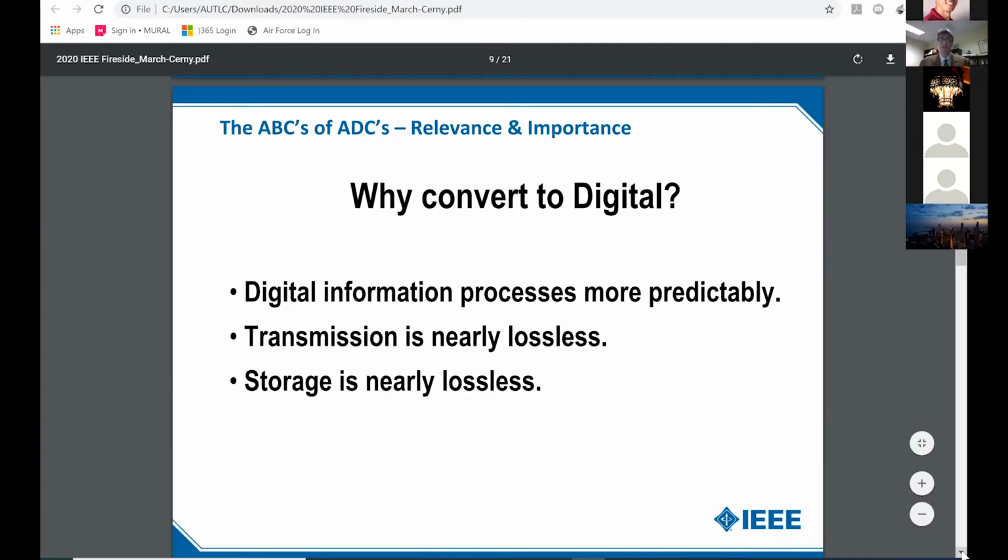Okay, so the next view graph, more considerations about why to convert to digital. Digital information can be very predictable, and when you consider utilizing digital information, it is nearly lossless.